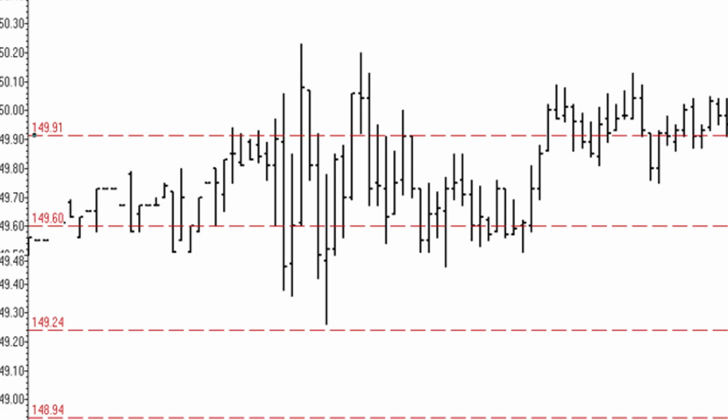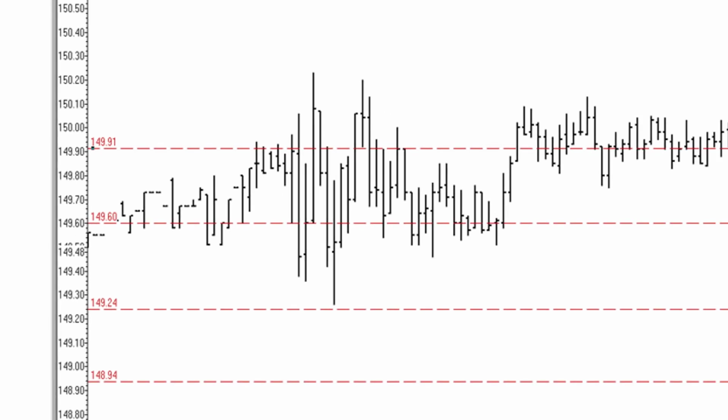What you can do here instead is make sure that when you structure the order, you're aware that you might open below that 149.91 level. Your order might then trigger automatically.